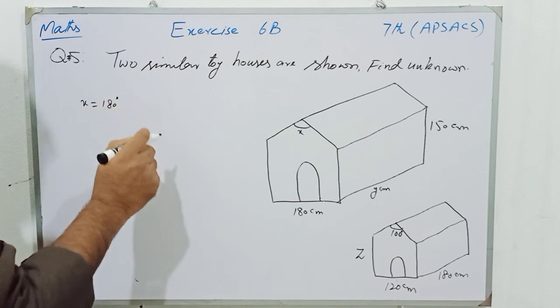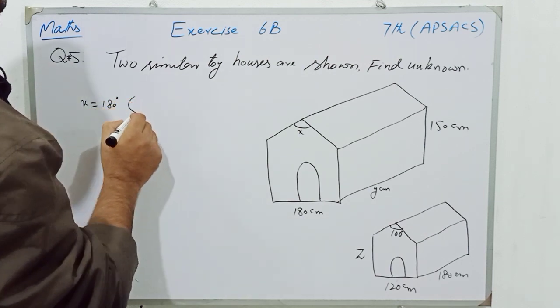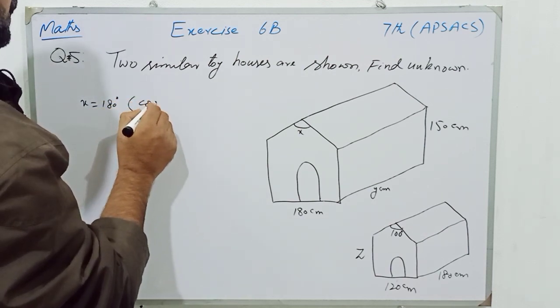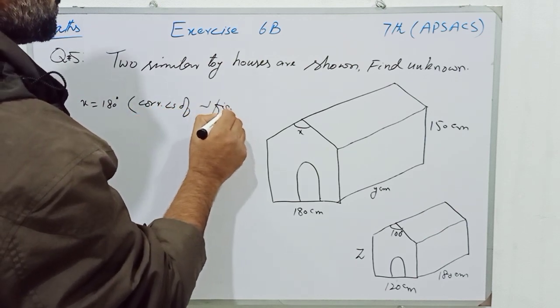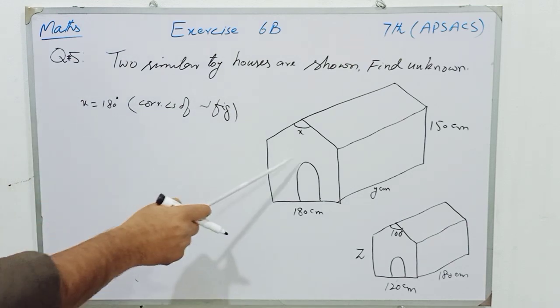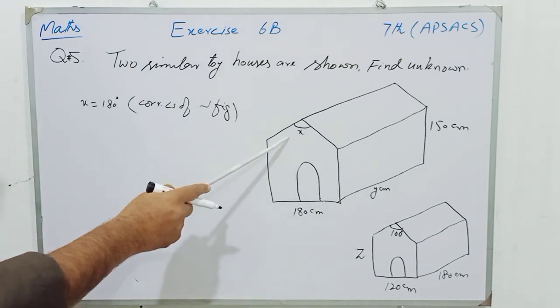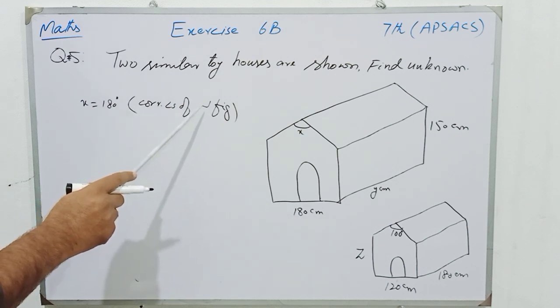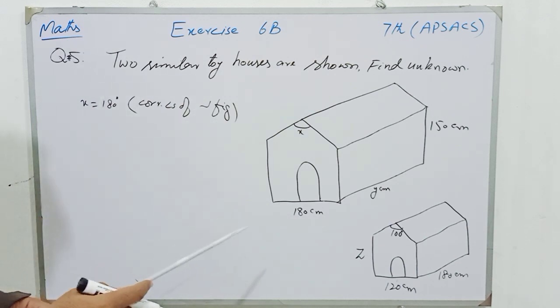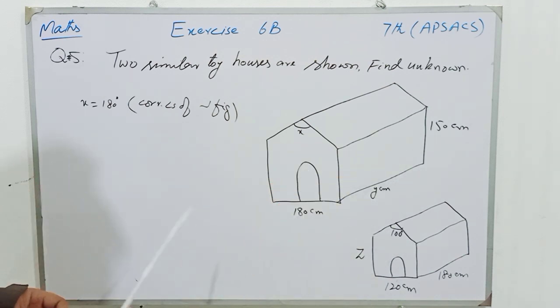Reason is corresponding angles of similar figures. So it is the property of similar figures. So angle x is equal to 100 degree, and the reason is corresponding angles of similar figures. Now students, I will write all the sides in the same ratio.